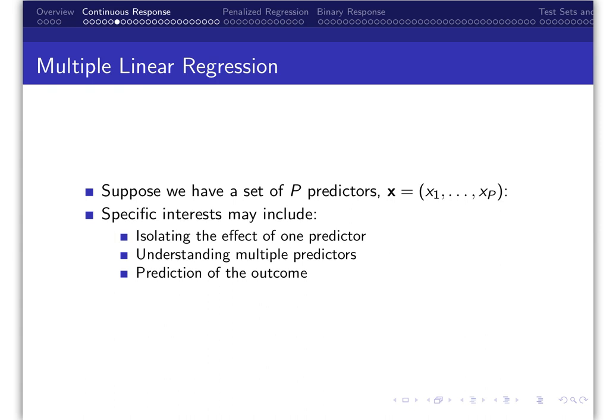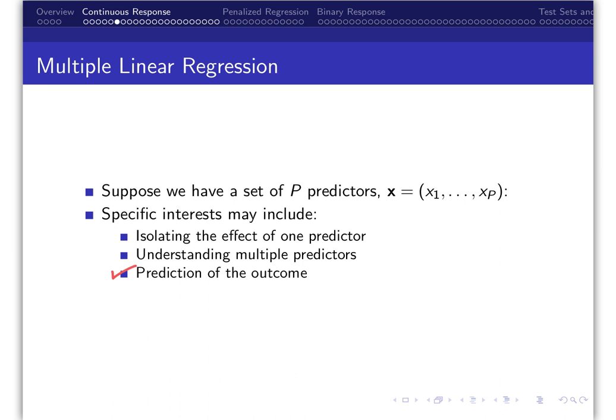When fitting a multiple linear regression model, we may be interested in estimation, that is, estimating how much y changes when x sub j changes, taking into account the effects of all other variables. Or we may be interested in understanding the effect of multiple predictors, that is, testing whether the x's collectively explain y. Another interest may be prediction.